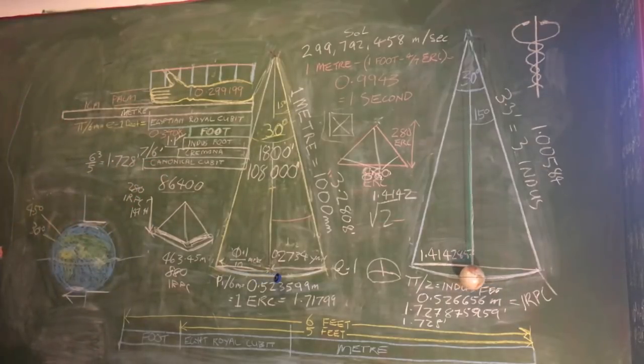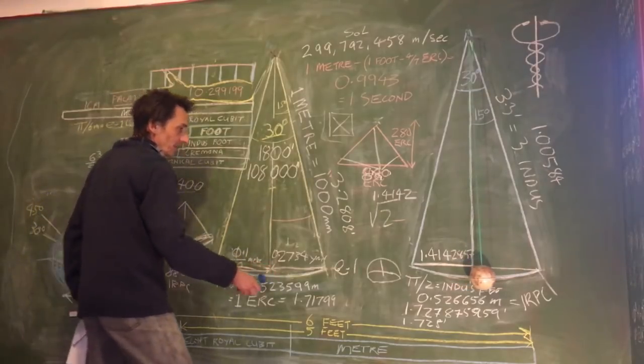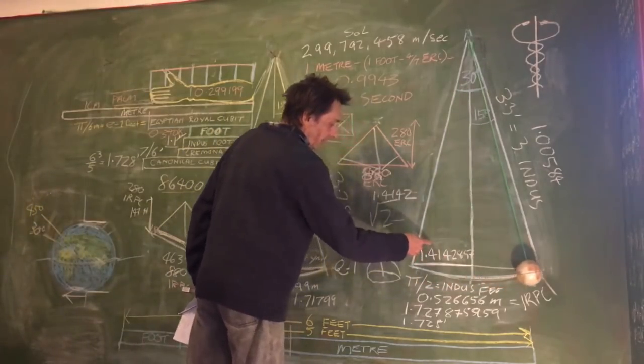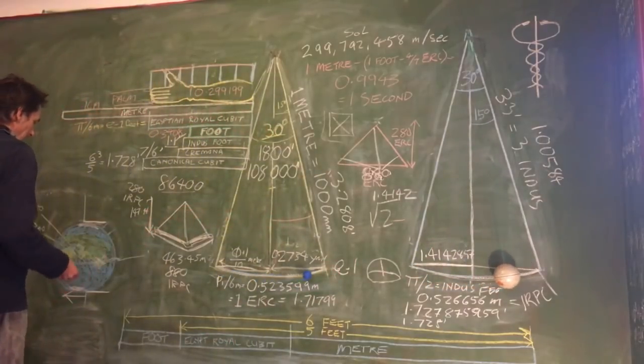30 degrees, well, Giza Plateau is 30 degrees north. That might be a pure coincidence, but there's a bit of a pattern. Seconds, speed of the Earth per second, metre, cubit, these different measures all coming together, including the square root of 2, pi, phi, e.